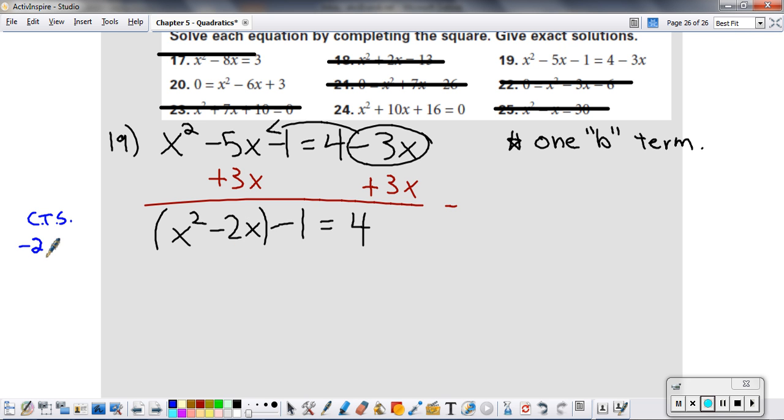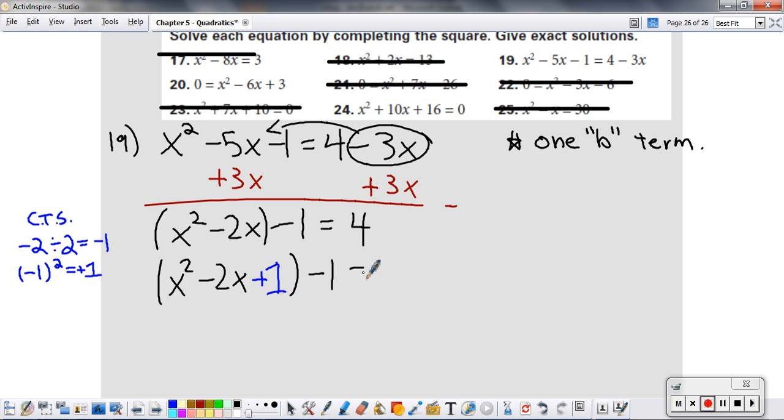You're going to take negative 2, and divide it by 2. That gives you negative 1. Then you take negative 1, and you square it. That gives you plus 1. So inside this parentheses, I'm going to write x squared minus 2x plus 1, and then write the rest of the equation, minus 1 equals 4.